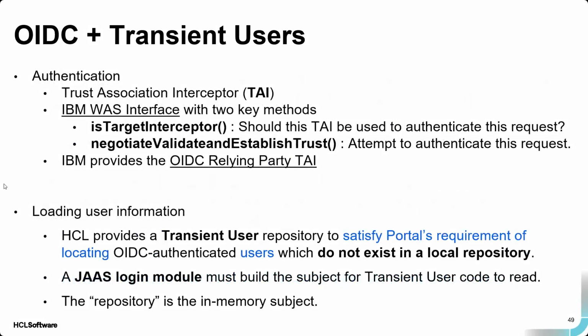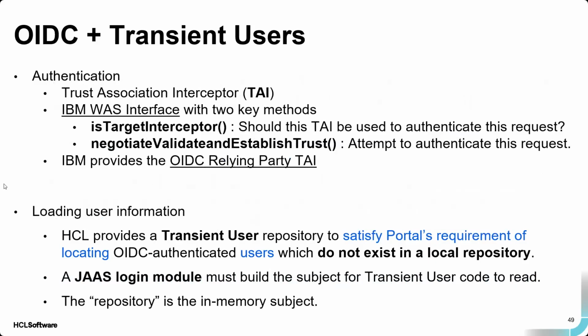And when we get to the point of looking up information about the user, then we have implemented a custom user repository that lives within the context of Virtual Member Manager, so that we can look up the information about the user from memory rather than from the physical repository.